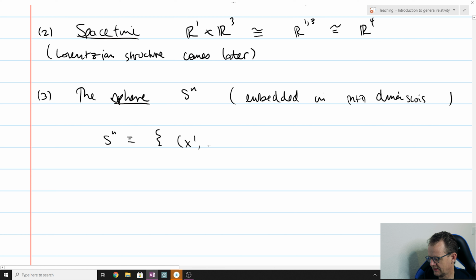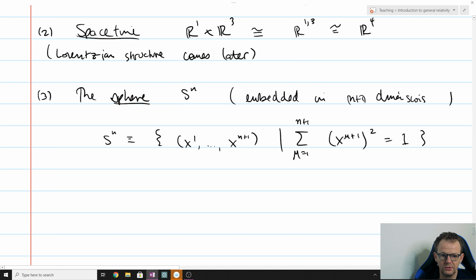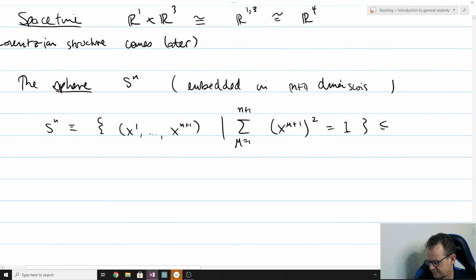But here we go, we're going to define the sphere Sn anyway as an embedded manifold. How do you define the n sphere? Well, it's a subset of Rn+1, and the subset is defined by all those points which have unit length, unit radius, inside Rn+1.